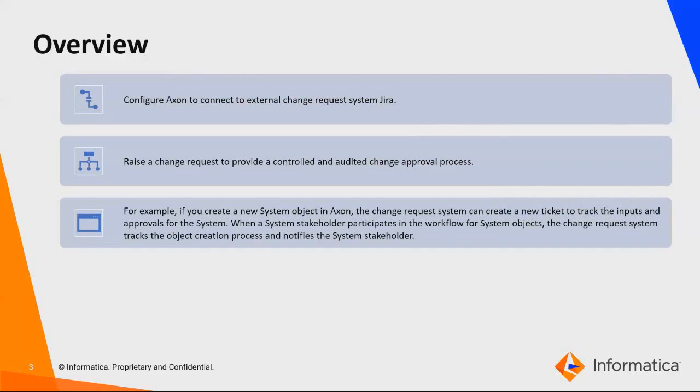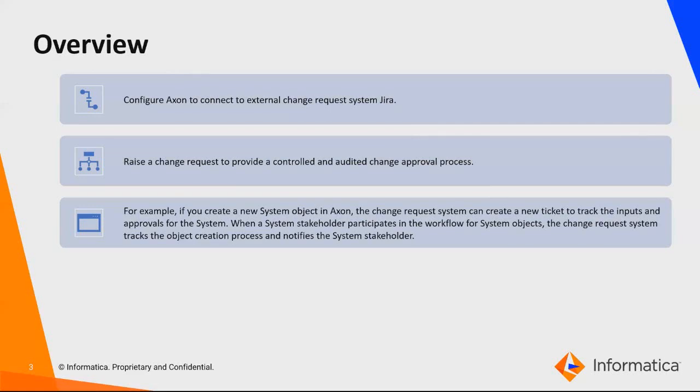Now you may think, why do we need this integration even when we have this internal mechanism? So let's consider the other scenario from the point of view of the technical user. Sometimes the technical user may or may not have access to the Axon system. If the technical user doesn't have access to the Axon system, we can make use of the integration, or the external ticketing mechanism, to keep track of all the requests so that he can fulfill or reject them.